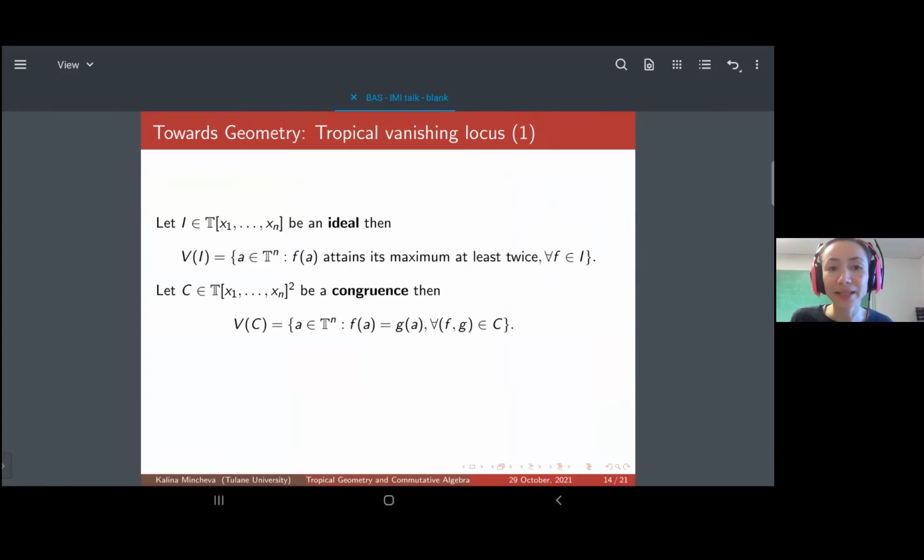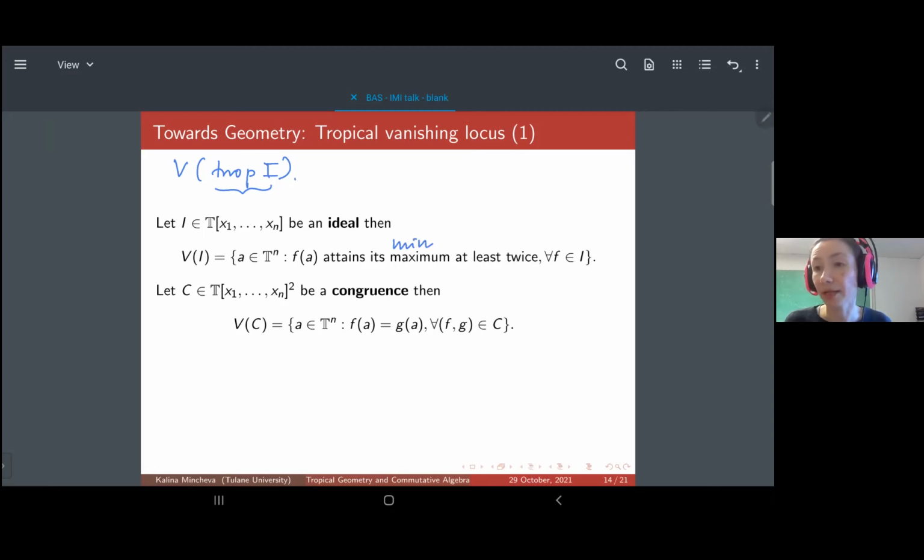So anyway, let I be an ideal of the tropical polynomial semiring. What is the variety of an ideal? Well, I defined before what the variety of an actual ideal is once you tropicalize it. So what I talked about before is the variety of trop I, but now I'm already given this tropical ideal, and the variety is going to be all points for which every polynomial attains its maximum or minimum.